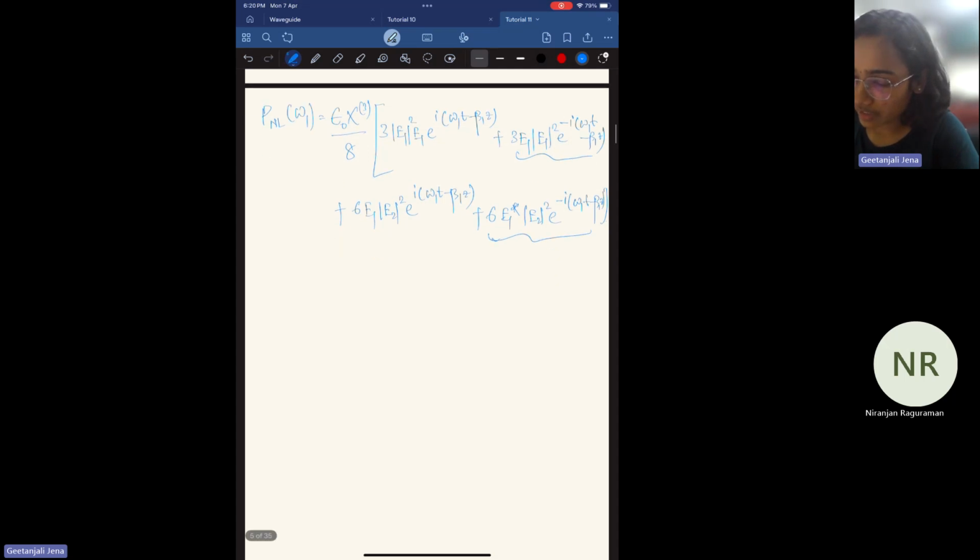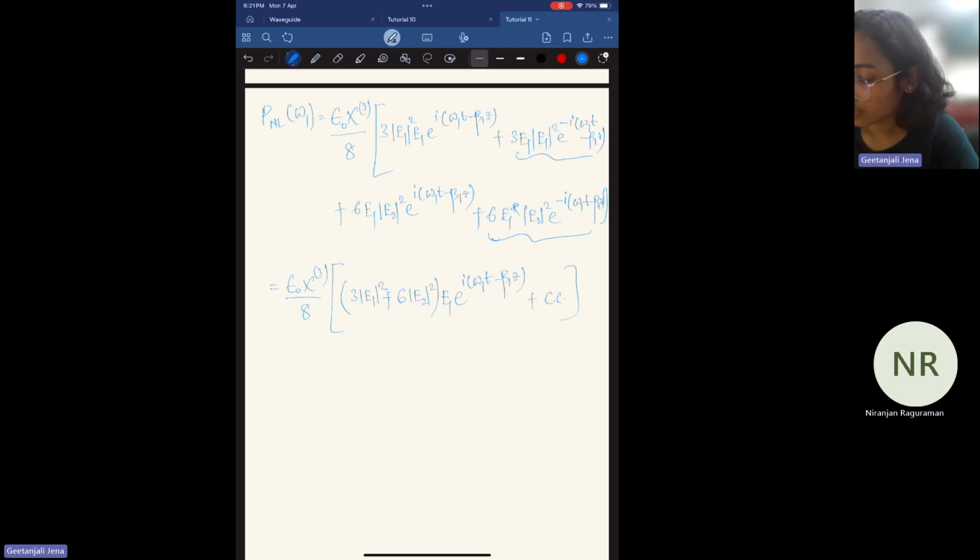So you can simplify it further by writing this as equivalent to epsilon chi cube by 8 times 3 E1 square plus 6 E2 square, times E1 e to power i(omega 1 t minus beta 1 z) plus the complex conjugate part.